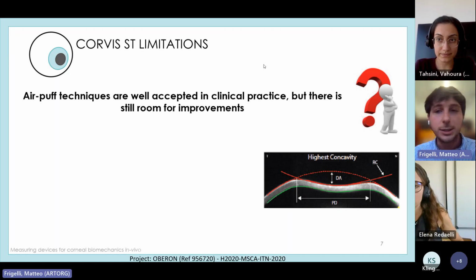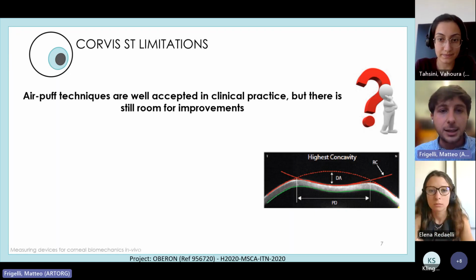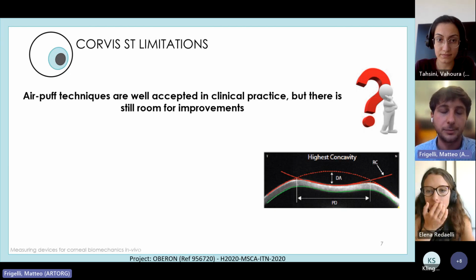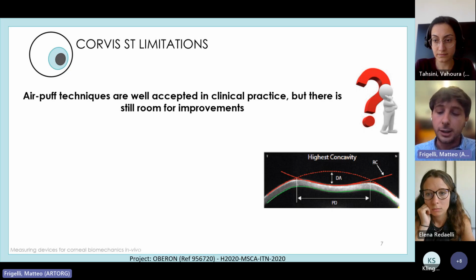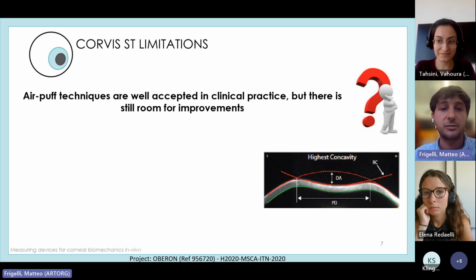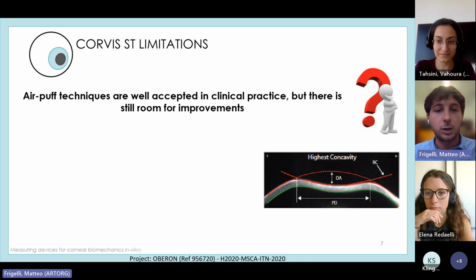Okay, perfect. So as Elena just nicely explained to us, Corvis is the most widely used technology in clinics for the estimation of corneal stiffness. But in the last years, some limitations of these techniques have been pointed out, and I want to start from this to introduce the next techniques we're going to see today.